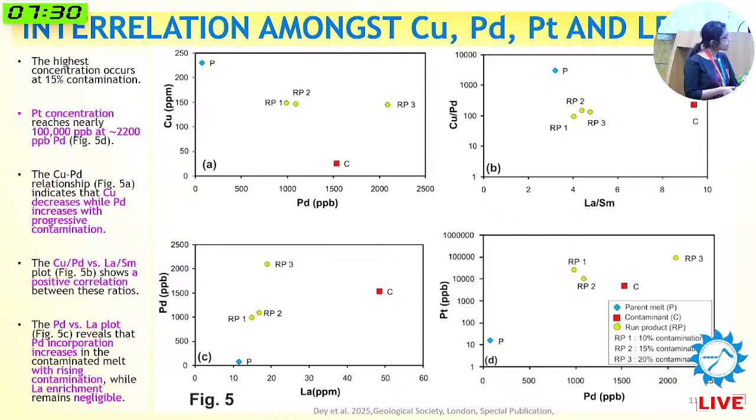But in case of platinum, it is increasing much more than the Pd. When platinum is almost 1 lakh ppb in the contaminated melt, Pd is around 2200 ppb.